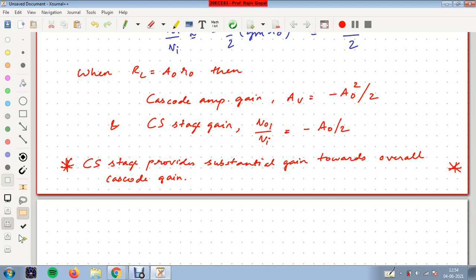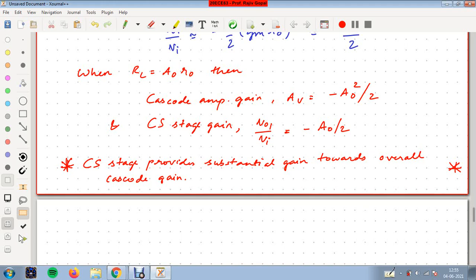Because when RL is A naught times R naught, the cascode gain AV is minus A naught square by 2, whereas the common source stage gain is minus A naught by 2. So this is what happens if RL is A naught times R naught.